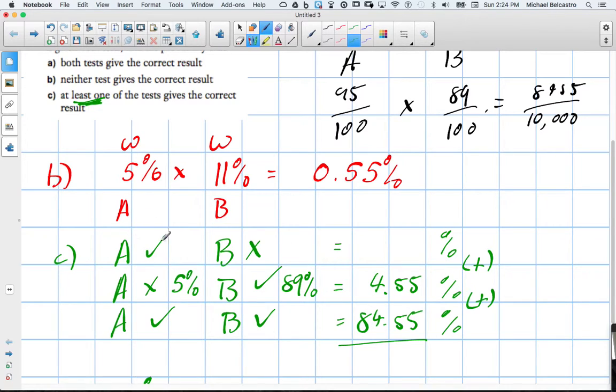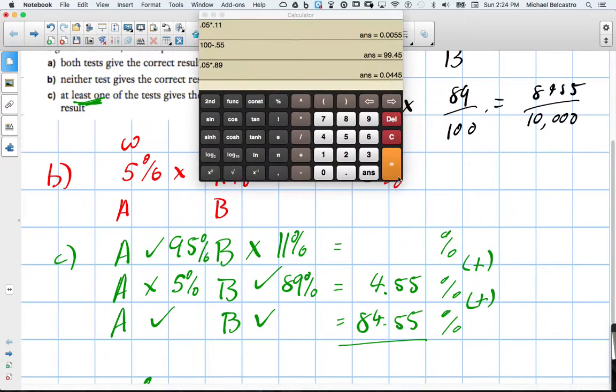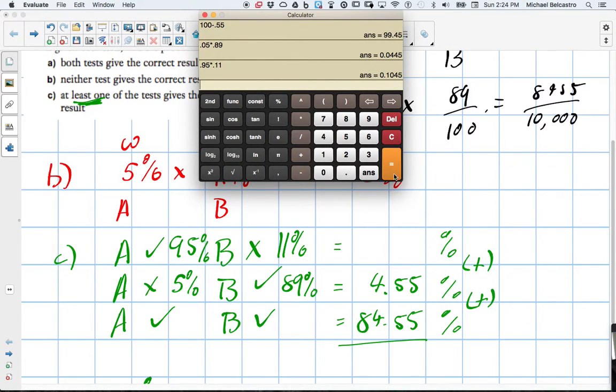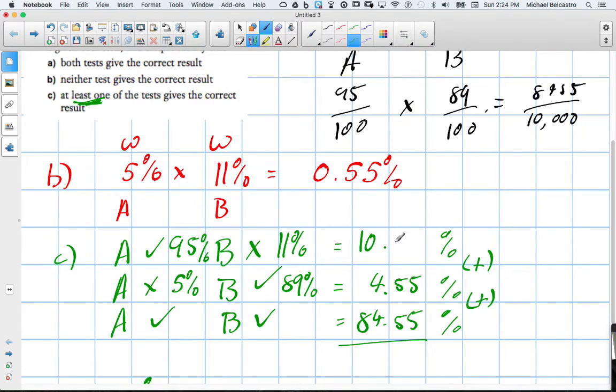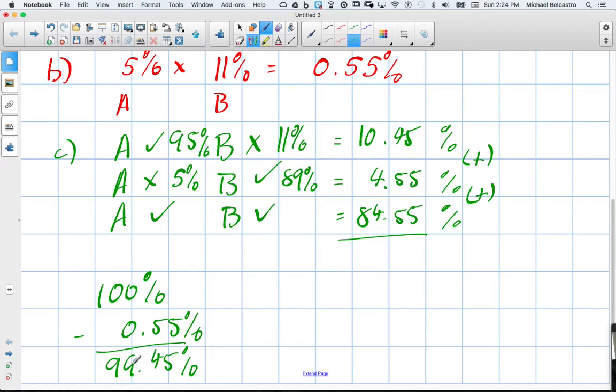And then here, what's the probability that A is correct? We know that's a 95% chance. And that B is wrong, that's an 11% chance. So we multiply those two percentages, 0.95 times 0.11, and it's a 10.45% chance. Okay. So now that we have all three, we said we would add them together, and that should give us the same value we got down here using our shortcut.